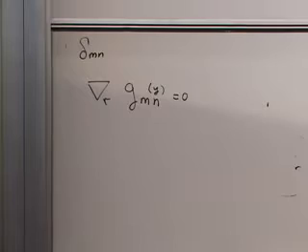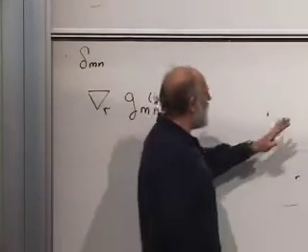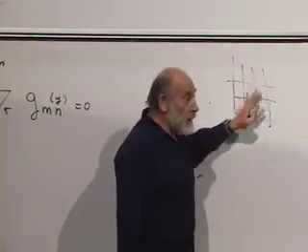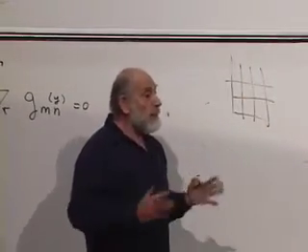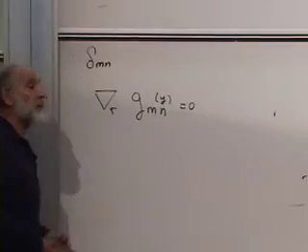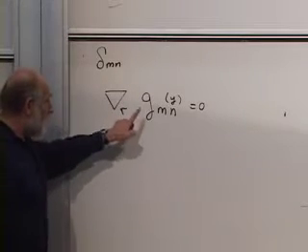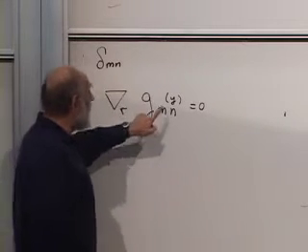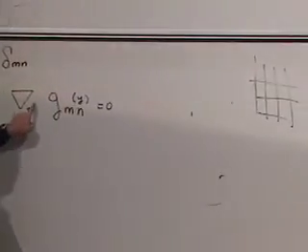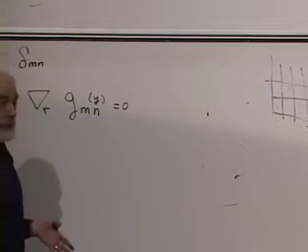Now, why do I write that? I expect that the covariant derivative is going to be 0 in the x coordinates, but the covariant derivative is supposed to be a tensor. And if a tensor is 0 in one set of coordinates, it will be 0 in all coordinates. So if I've defined the covariant derivative correctly, then in flat space like this, the covariant derivative of g_mn had better be equal to 0.